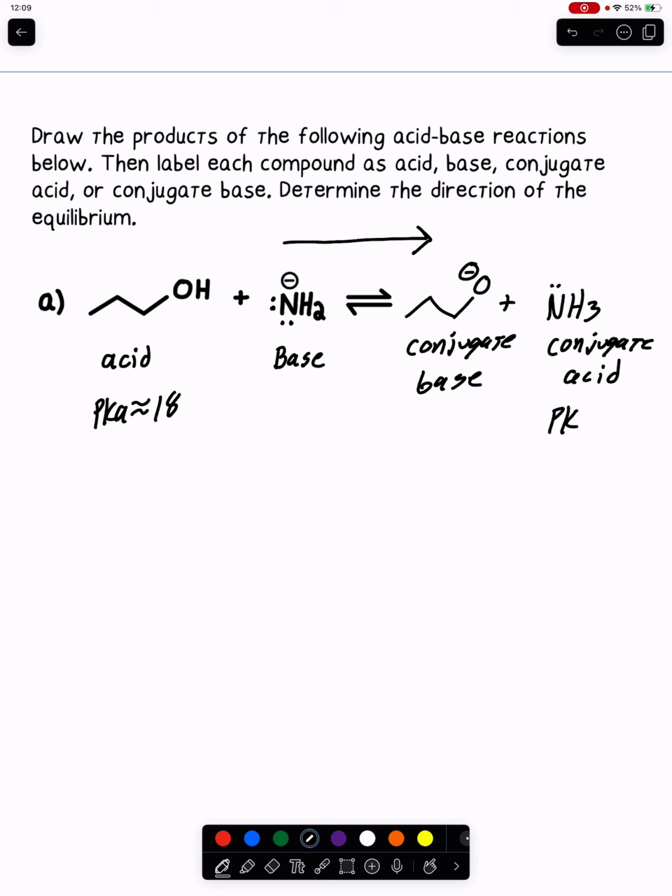Ammonia has a pKa of around 35 or so. The lower the pKa, the more acidic. So that means it's going to be easier for this base to remove this proton to form this conjugate base and this conjugate acid. That's another way of saying the equilibrium is going to go away from the more acidic acid towards the less acidic acid.